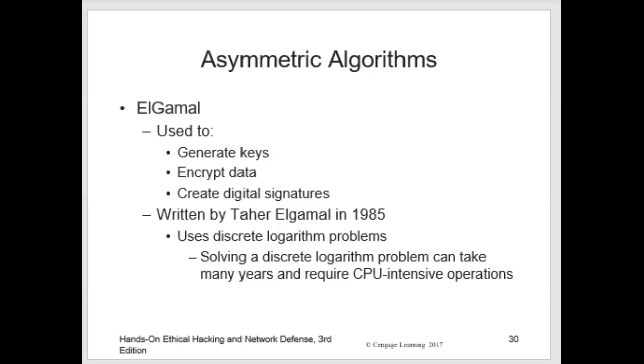Now, there's Elgamal, which is used to generate keys, encrypt data, and create digital signatures. It's named after the inventor. And you can read more about that in the book.